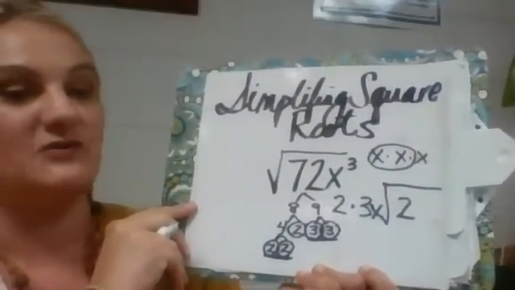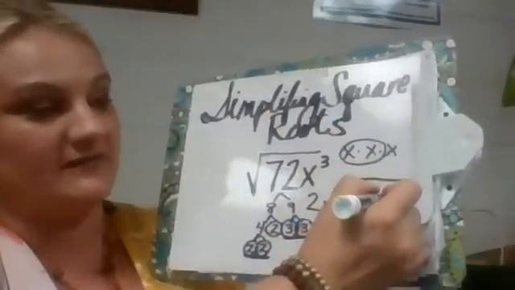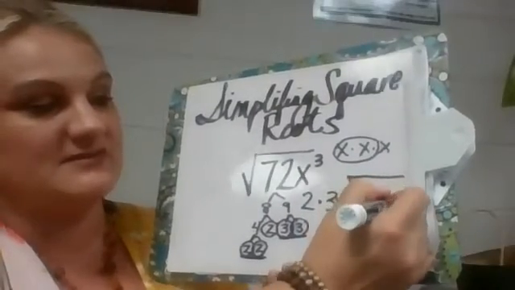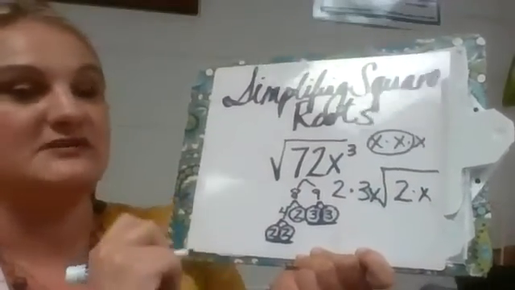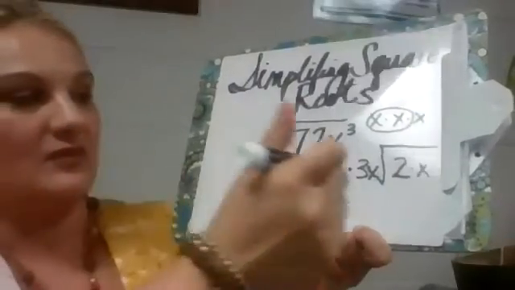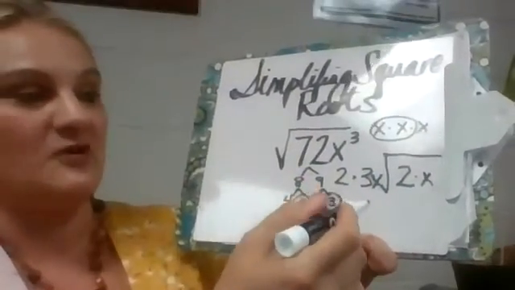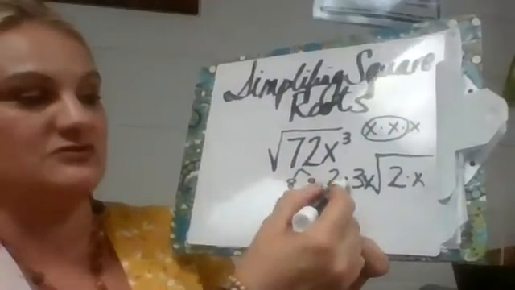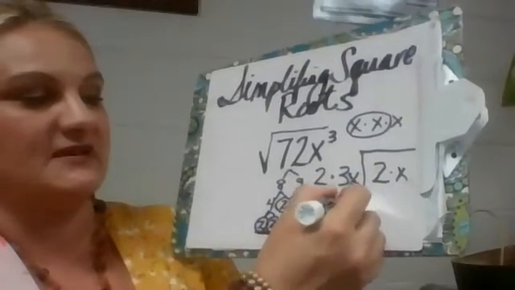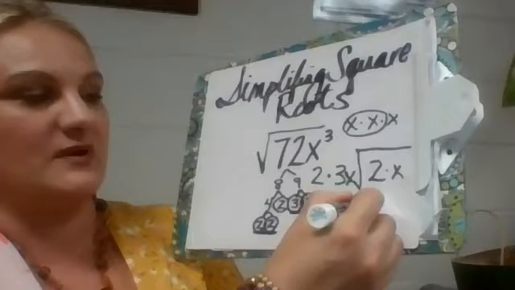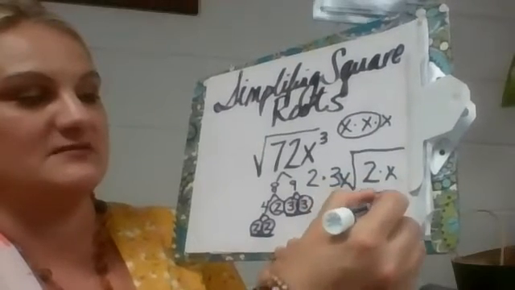And anybody that has no date is going to stay in the house. And we separate the two by multiplication. So when we go to simplify these, we are going to simplify them by multiplying. So we have 2 times 3x, which is going to give us 6x square root of 2x.